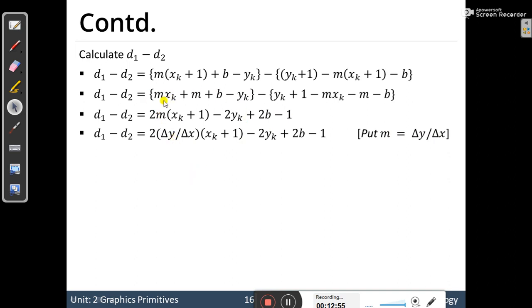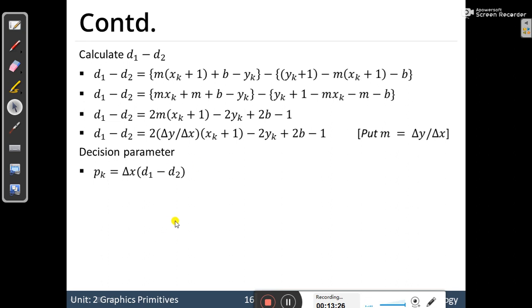Here you can see m is taken common, and the rest of the things will be cancelled out. A few things cancel out here, and in that way the equation will be like this, and we can put m equal to del y by del x.